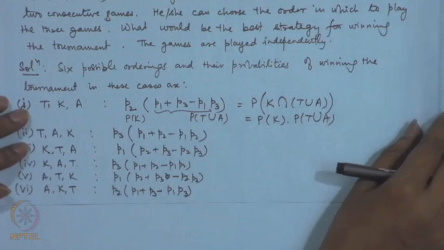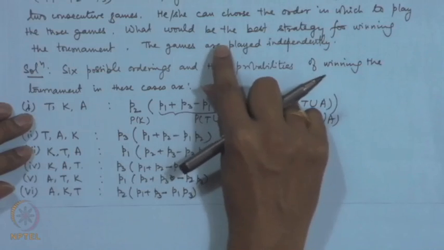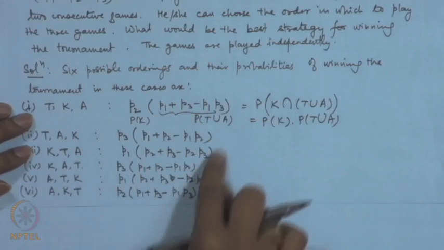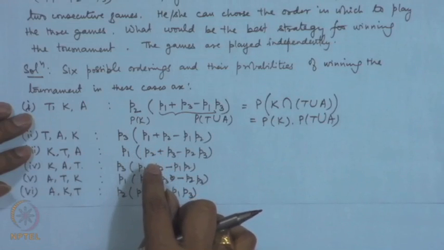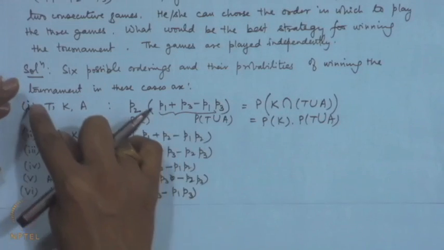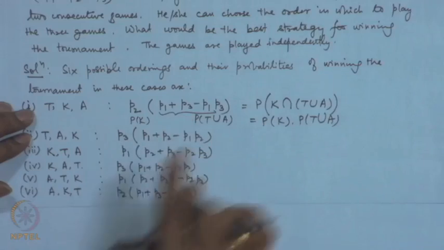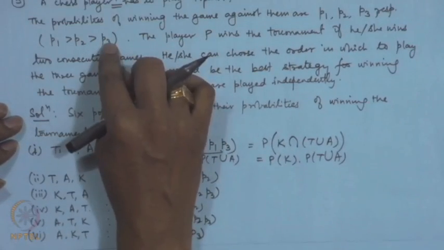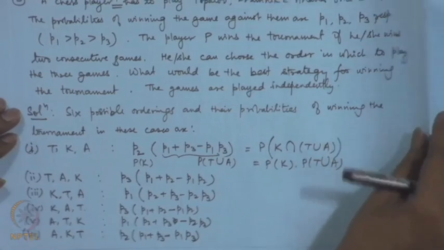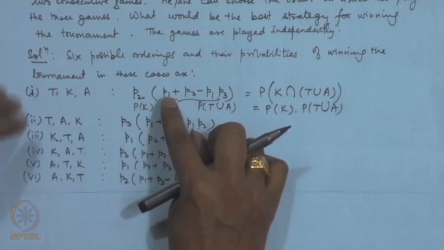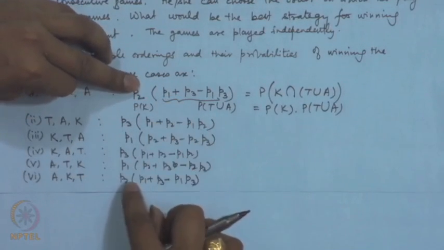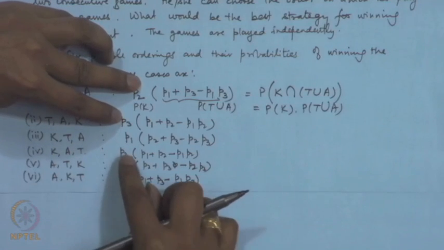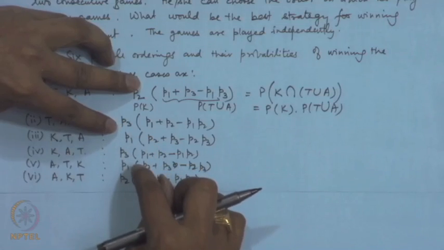Our original problem was, what is the best strategy for winning the tournament. That means, which of these options give the highest probability. So, we have to see that from 1 to 6 which value is the highest, given that P 1 is greater than P 2 is greater than P 3. Now, you observe the expressions here: expression 1 and 6 are the same, expression 2 and 4 are the same, expression 3 and 5 are the same.